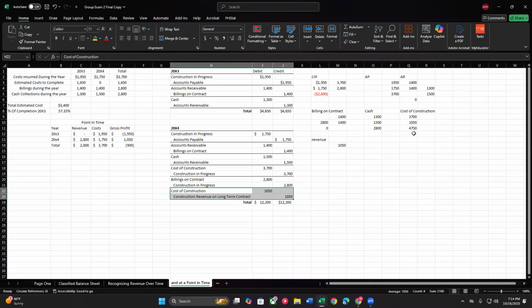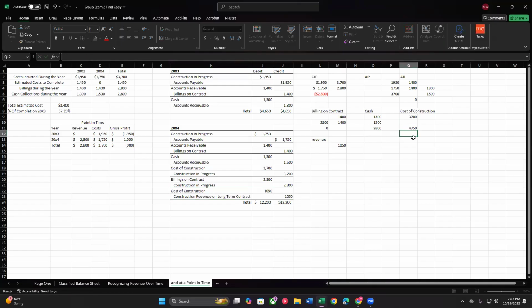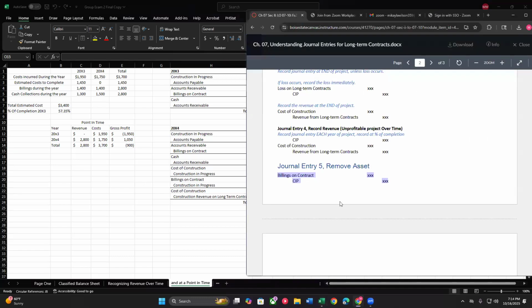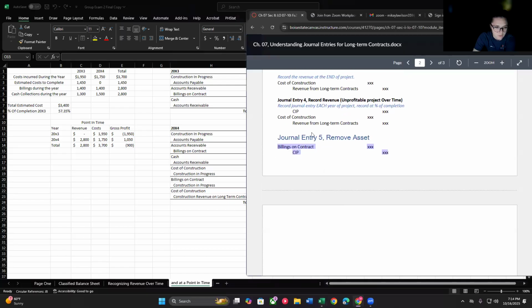Technically our revenue though is 2,800 to the left. So that would be our revenue. We're not showing gross profit, we're showing revenue, which is 2,800. All right. So I think it'd be revenue. That is true, yeah. Except on every one, we're supposed to remove the asset at the end.